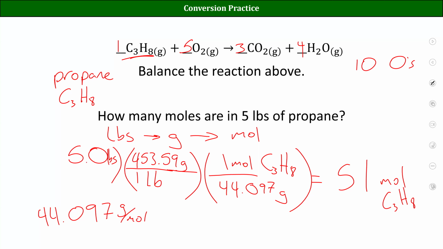Alright, so here's to drive home the point that the reaction happens in terms of moles. Now that we're in moles, this is how many molecules of propane we have, right? This is just a way to count molecules. And we balance the reaction in terms of molecules. Every 1 propane uses 5 oxygen molecules, or every 1 propane that burns makes 3 CO2 molecules.